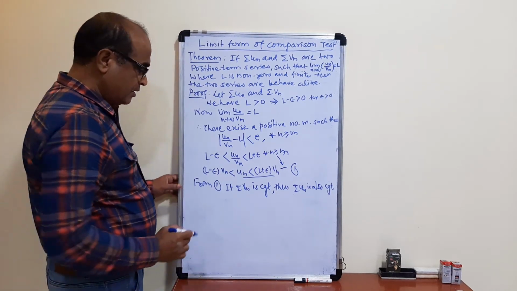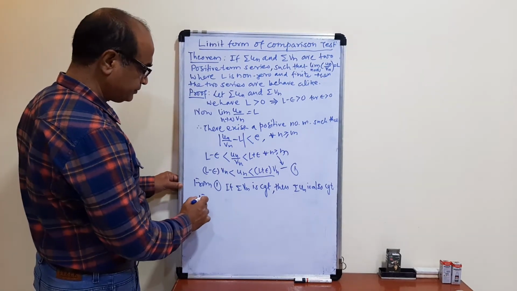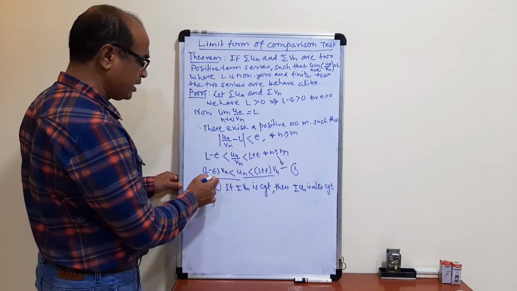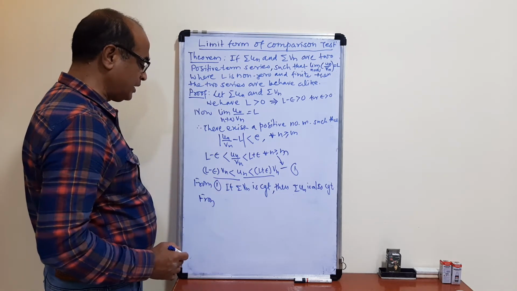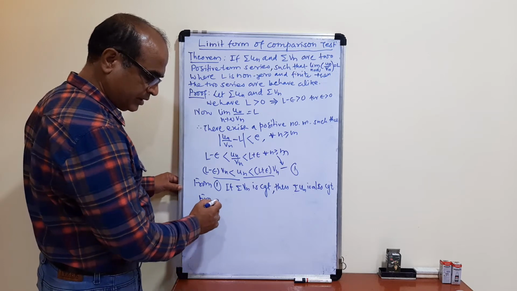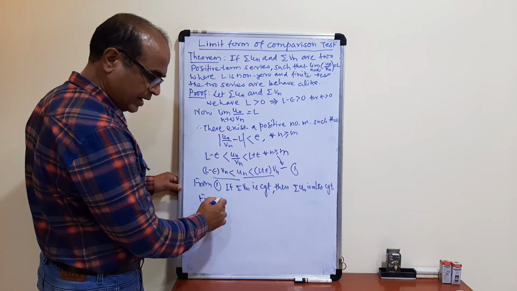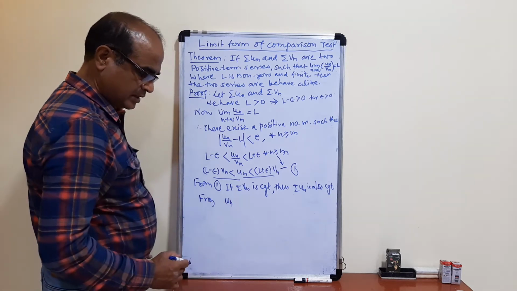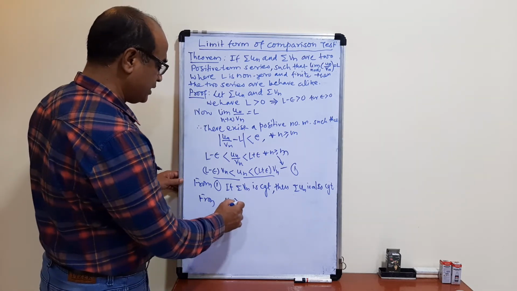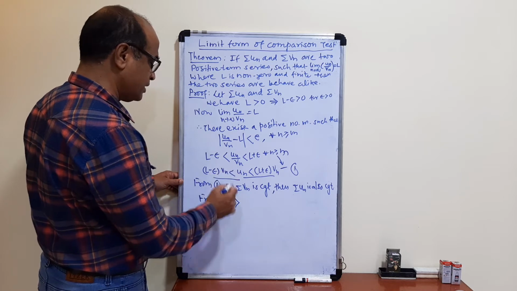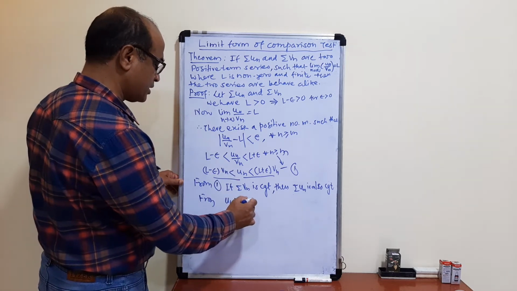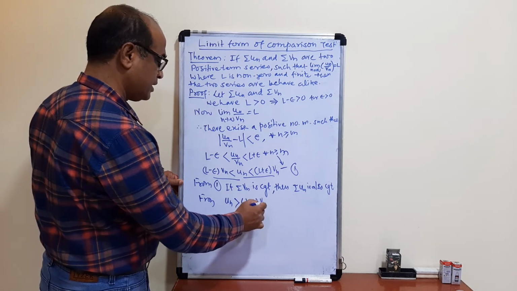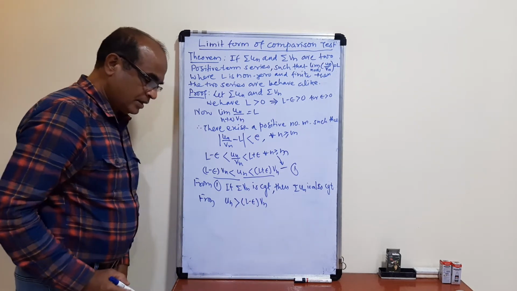Now from this other part of the inequality, un is greater than or equal to L minus epsilon times vn.